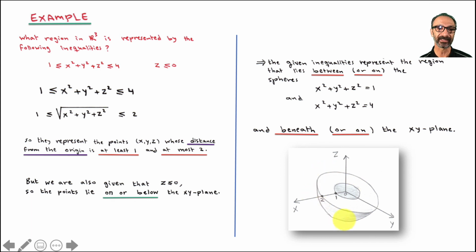So you are inside the outer sphere, outside greater than or equal the inner sphere, and not above the XY plane. So it's almost like I'm saying to you, this is empty, and kind of like a seed, and this whole thing is yours.